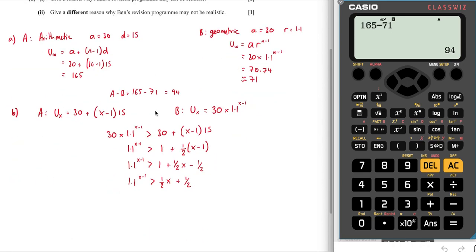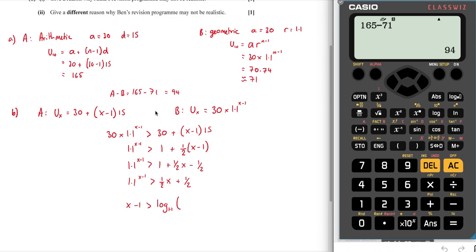And then I'm going to take logs of base 1.1. So that is going to mean that I have x minus 1 is greater than log base 1.1 of a half x. Let's go with 0.5 like it asked for in the question.